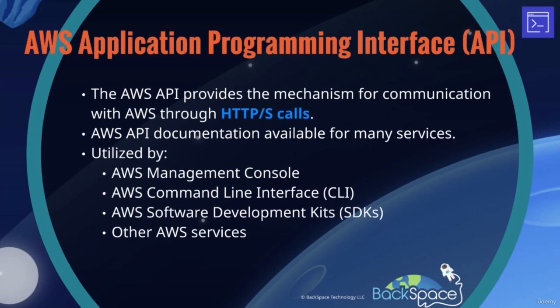So how that works is that the AWS Management Console that you've been using is simply an application that is running on your browser, and it is sending HTTP calls backwards and forwards to this application programming interface backend on AWS.